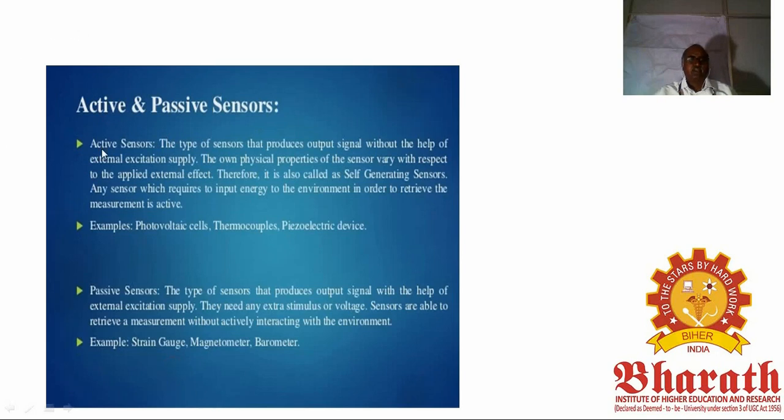The main classification of sensors goes as active and passive sensors. The active sensors have the power source in themselves. That means they do not require external excitation or an external power supply.